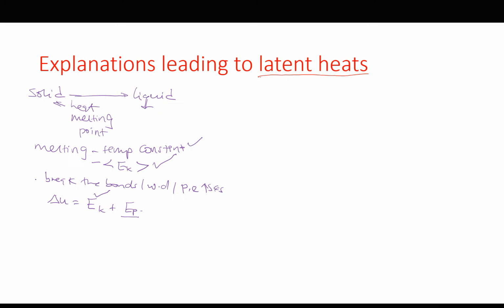And we are saying the heat supplied, although it doesn't change the temperature, goes into overcoming the force between the molecules, that is, breaking the bonds. Therefore, some work is done as the molecules are pushed further apart from each other. Therefore, the potential energy contribution is the one which increases as this remains constant.